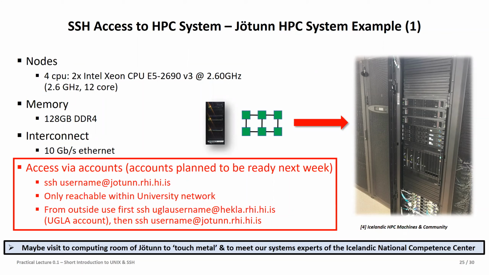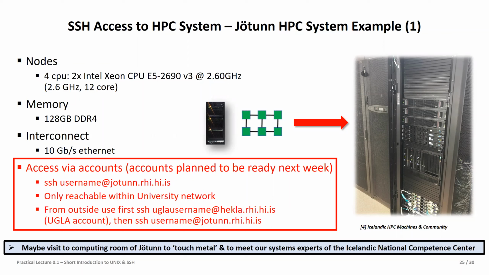Here it's an interesting system which is in the university network. That means it's only reachable within the university network, so specially protected, which makes sense because on the one hand you have just username and password, so it's not really well protected like SSH keys. On the other hand, it's just a teaching cluster, so it's really unlikely that many people outside of our university will use this cluster. It's a smaller system.